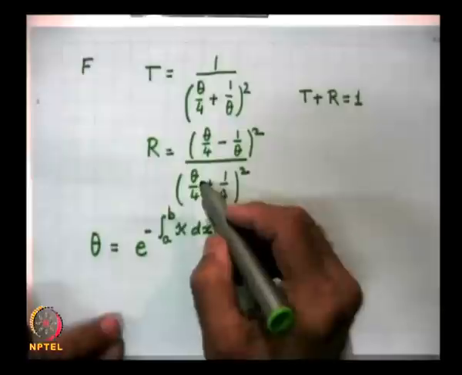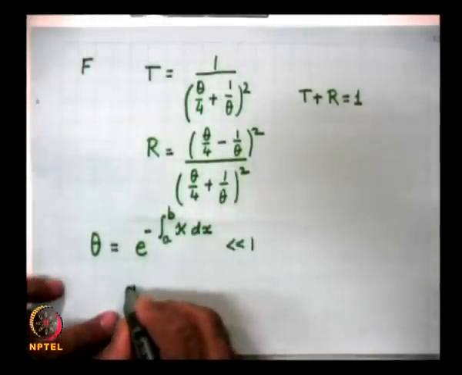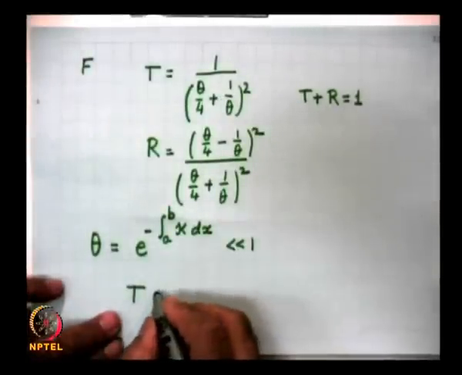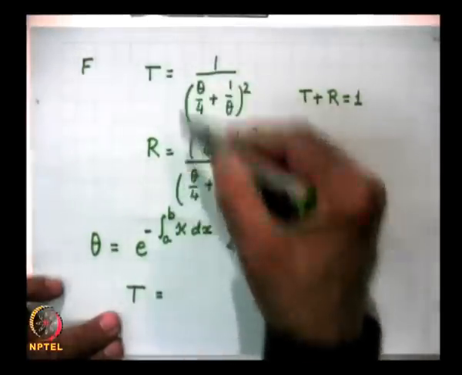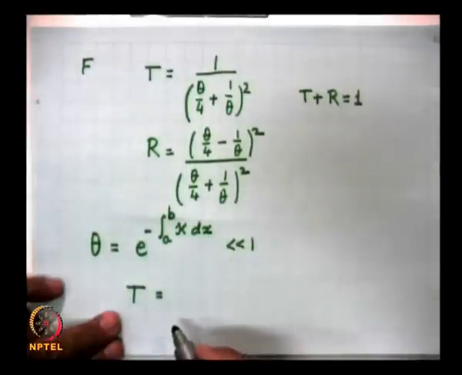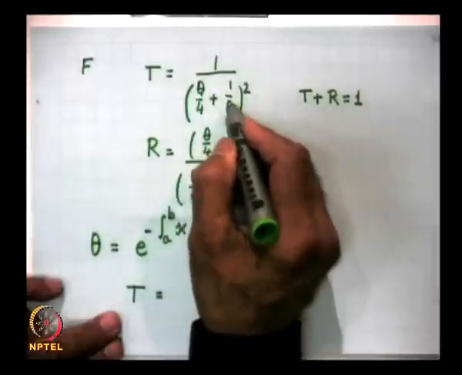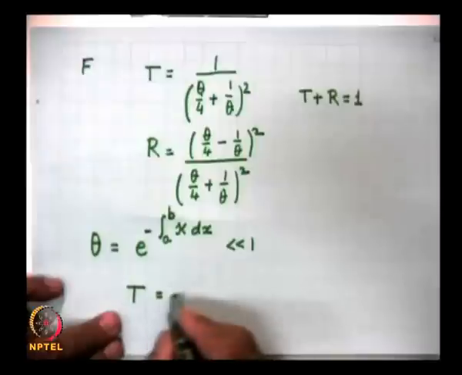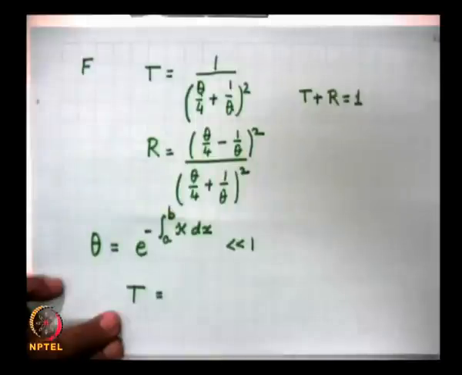In this expression for the transmission coefficient, I left it as an exercise for you to show that T plus R is equal to 1. So, T will be, this term will be very small compared to this term, because 1 over theta will be large, so I can neglect the theta by 4.